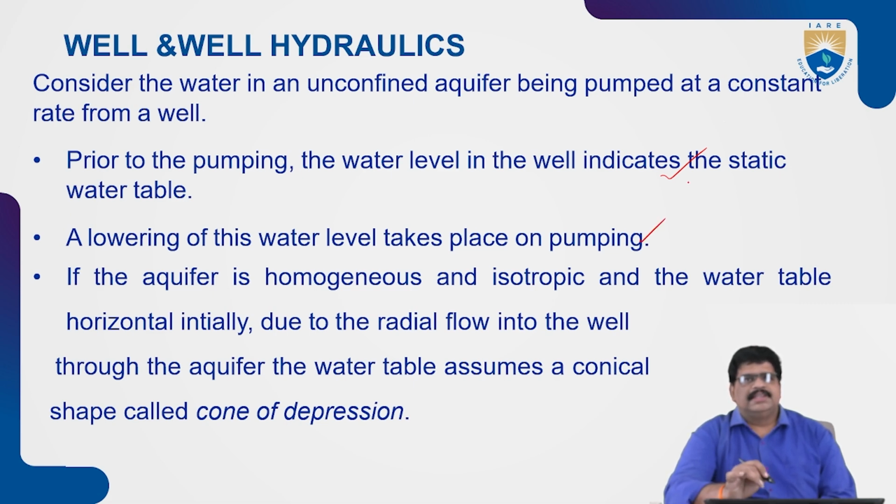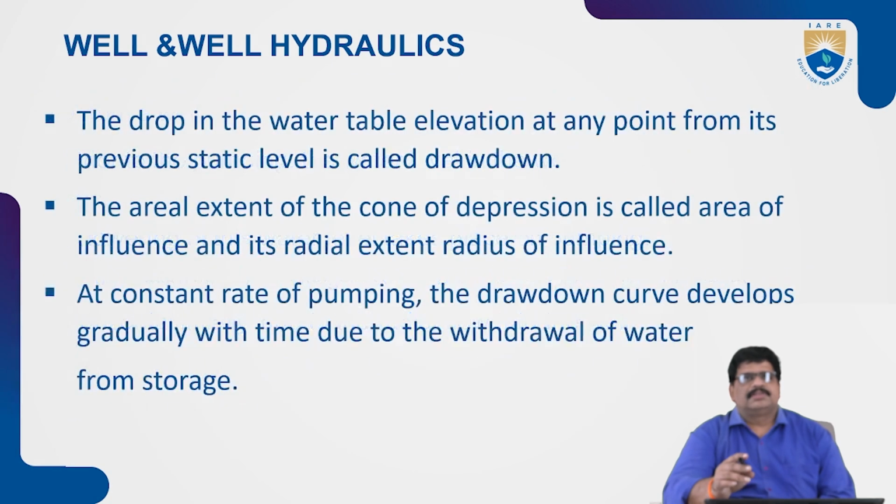An aquifer is homogeneous and isotropic material, with the water table horizontal initially, and then radial flow toward the well. The horizontal initial water table, and radially it forms at the bottom of the ground level the shape of the cone of depression.